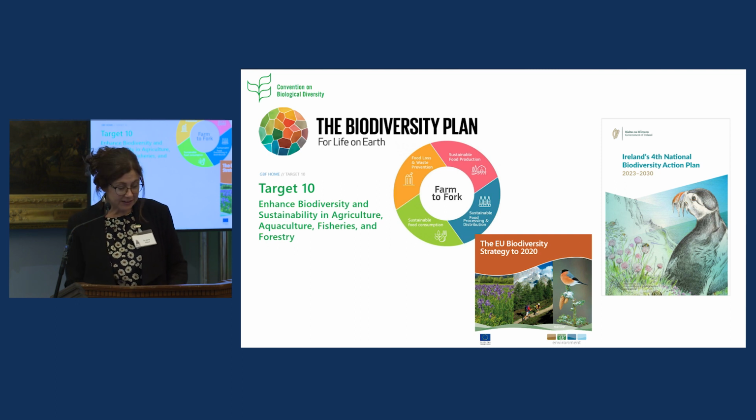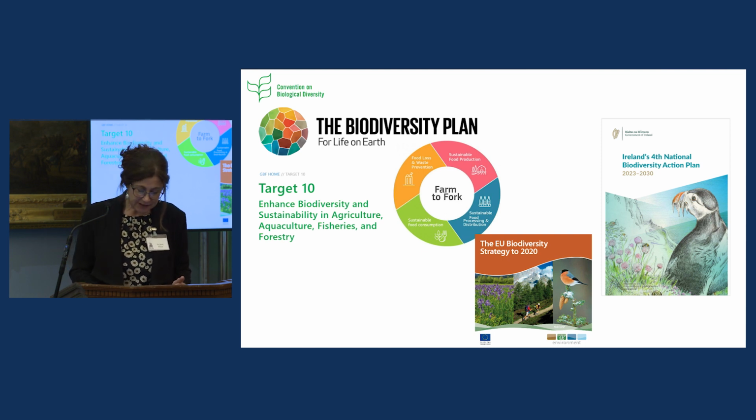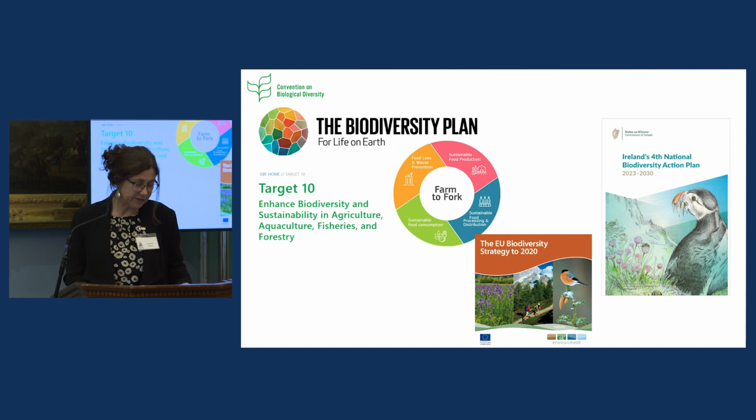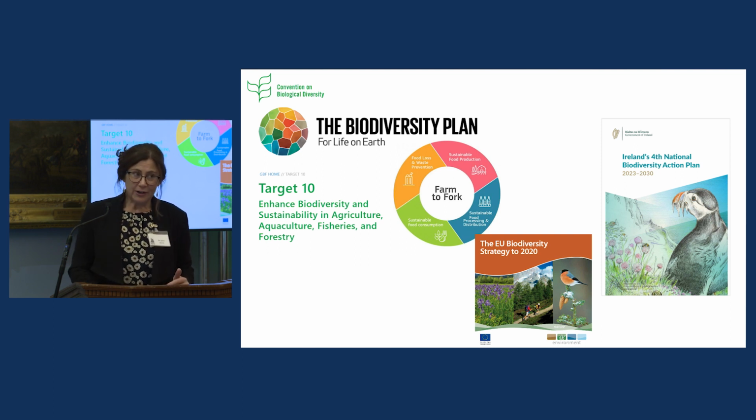And our own National Biodiversity Plan that was launched earlier this year contains a lot of targets around delivering biodiversity on farmland, including ensuring that farmers are incentivised to create and maintain these biodiverse habitats on farms, targets around results-based payment schemes, the support of farming for nature to enhance ecological connectivity in the landscape, the development of measures and tools to maintain and enhance biodiversity and ecosystem services on high nature value farmland, and pollinator conservation on farmland through the All-Ireland Pollinator Plan.